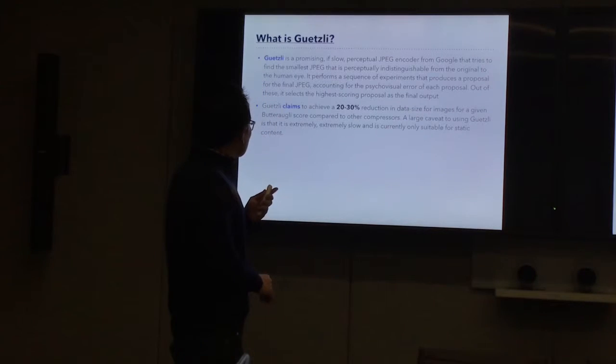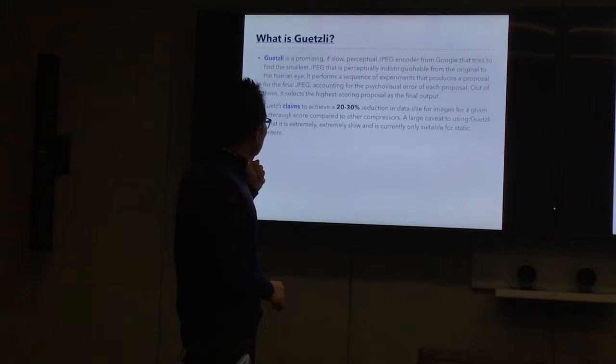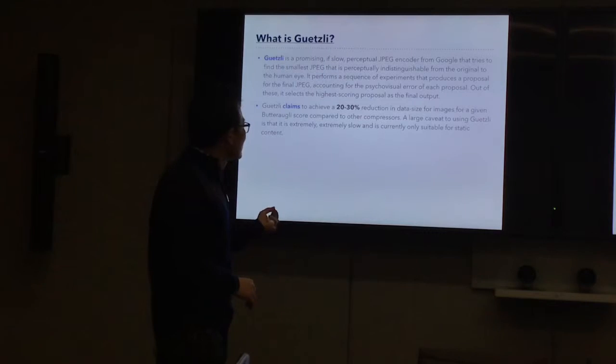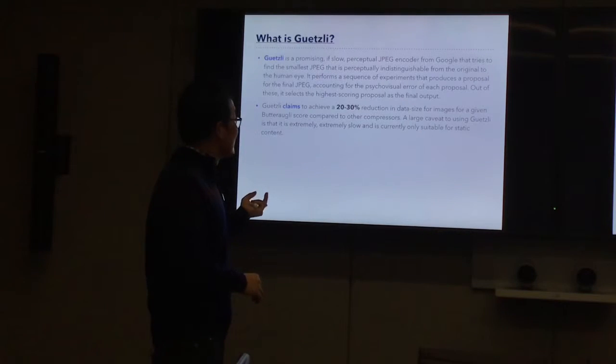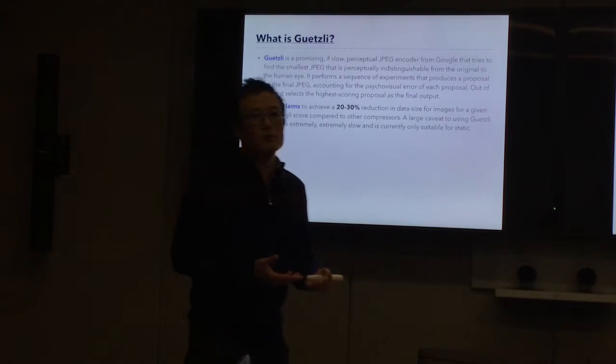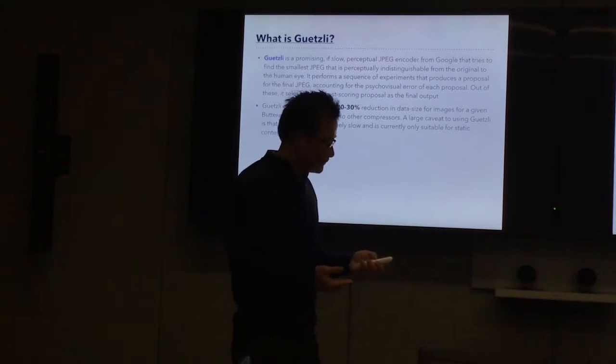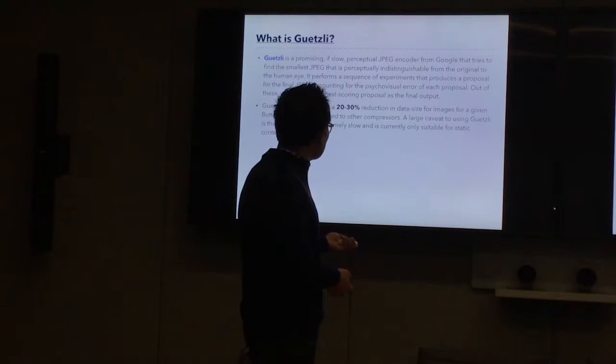It claims to achieve at least 20 to 30% reduction in existing JPEGs. So you use this and you get an extra 20 to 30% with very minimum quality loss. This is a magic tool.